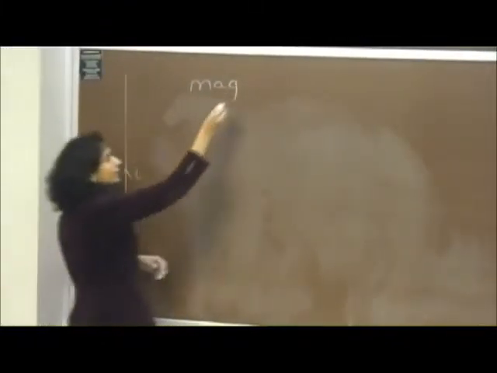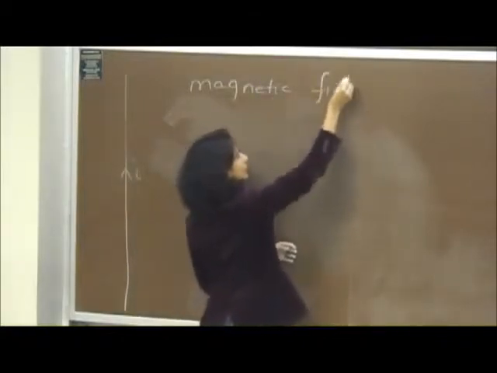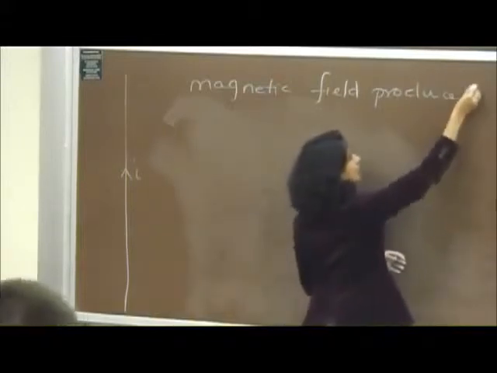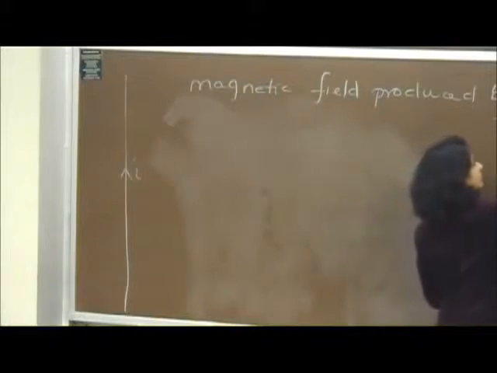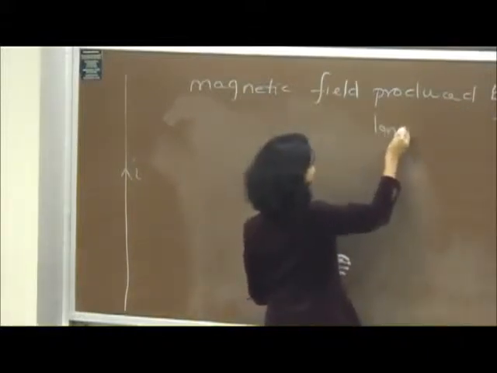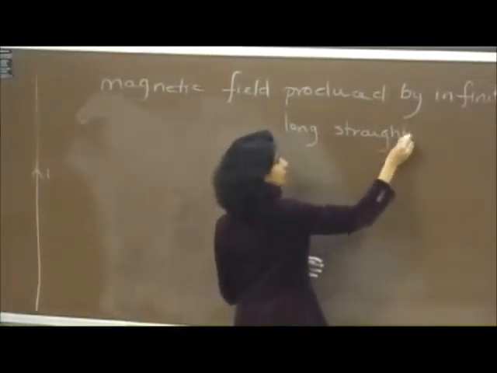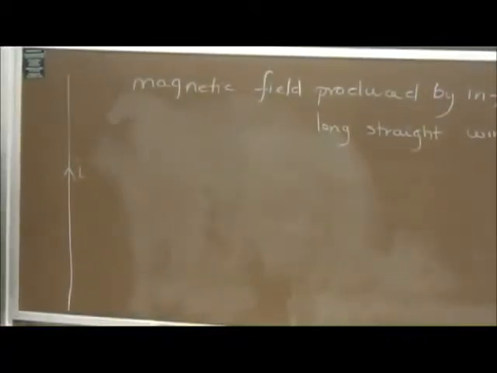This is carrying current I. Okay, so this is an infinitely long straight wire and this is carrying current.